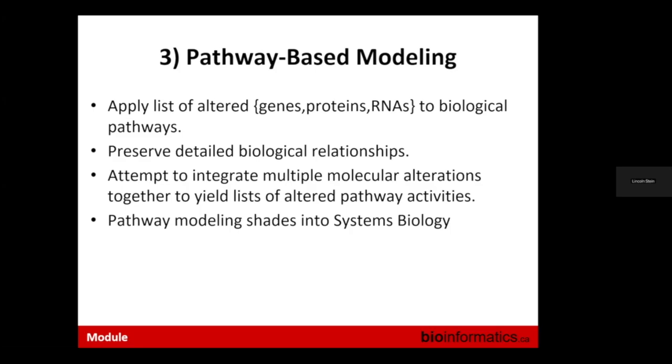They interact with each other in very different ways, and there's complex biology underlying these abstract networks. They attempt to integrate those relationships together in order to yield lists of altered pathway-based activities. And pathway modeling is really an arm of systems biology.